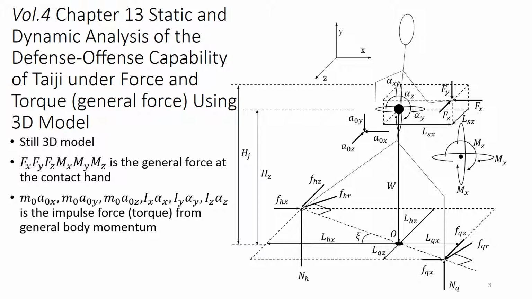M0A0x, M0A0y, M0A0z, Ix alpha x, Iy alpha y, Iz alpha z is the impulse force from general body momentum.